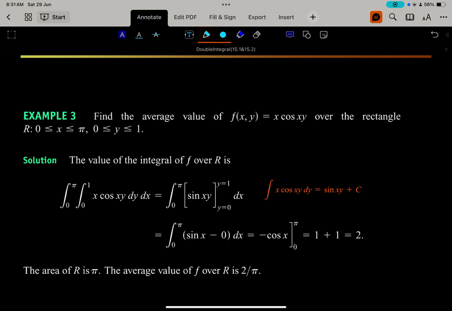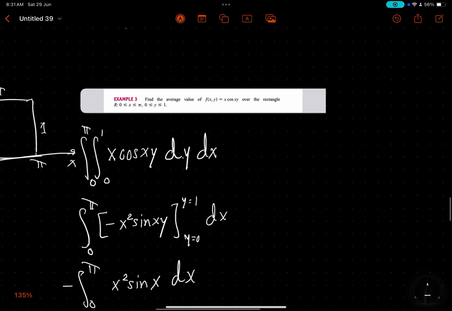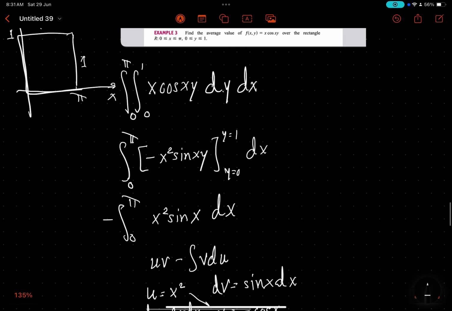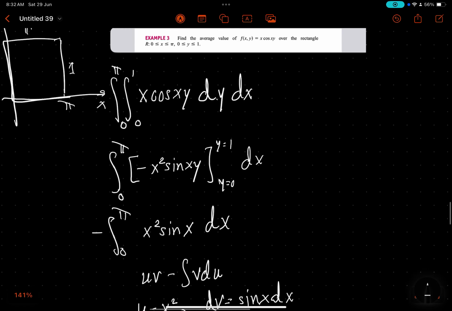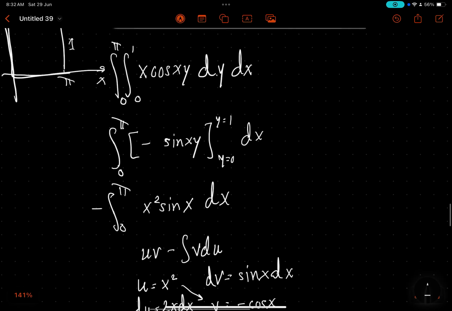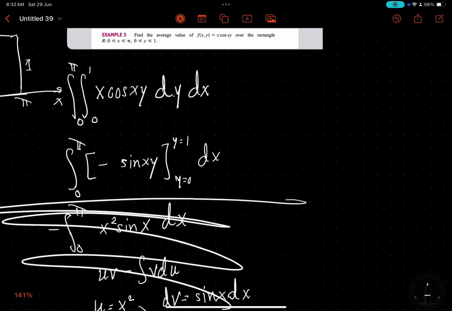We first integrated with respect to y, and basically what I messed up here is that instead of multiplying by x, I should have divided by x. When we divide by x, we just remove that x. So for integration, we divide and not multiply. So we got this simple integral, and it was way simpler than what we did.